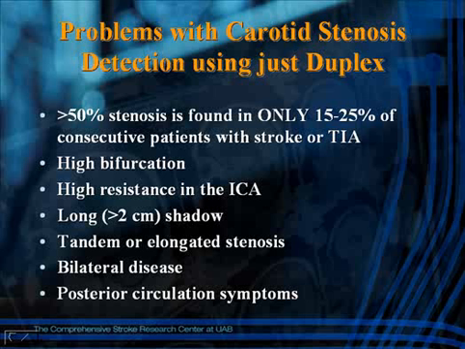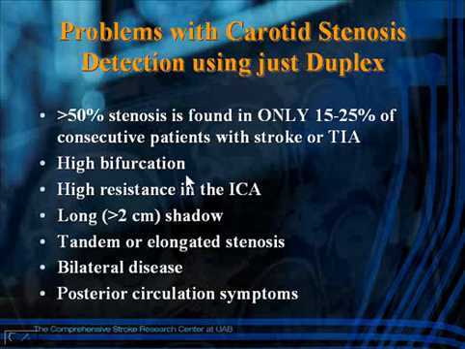In fact, it goes to a broader question. When you evaluate a patient with a stroke or a TIA, do you order just carotid duplex, or do you order carotid duplex and transcranial Doppler? In a lot of institutions, transcranial Doppler is not used routinely for evaluation of these patients, and in the next few minutes I would like to make a case why we should use both, carotid duplex and TCD, at the same time.